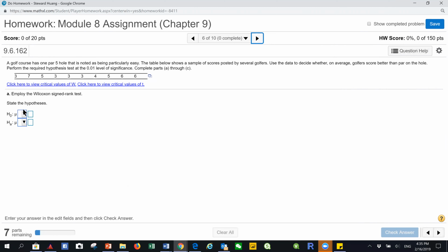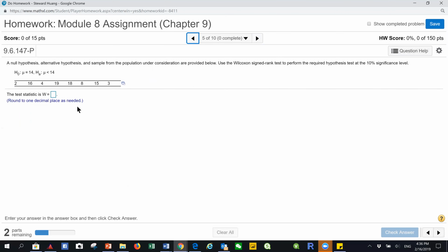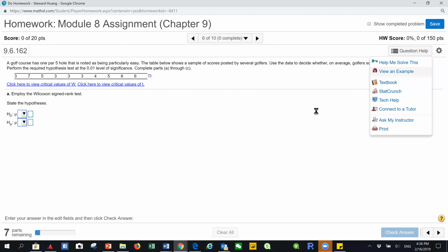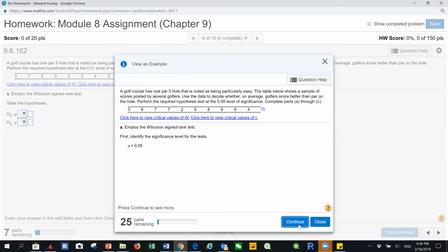This is again the Wilcoxon signed-rank test, so you will do it by the previously mentioned method. You can do it this way if you are to do it manually.